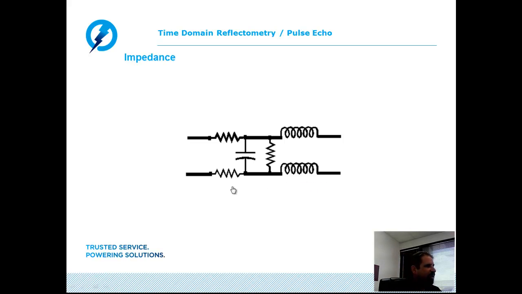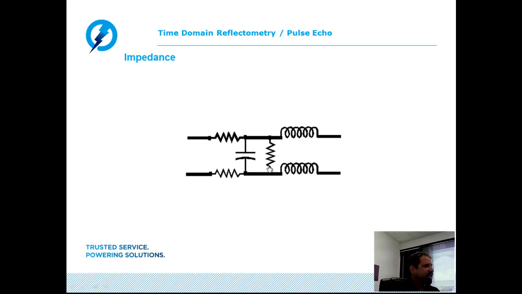When we go through a transition like into a splice or a switch box or something, inductance will be changing because the physical separation of the conductor and neutral will be increasing as we go into a splice or as we go into a switch cabinet, etc. Now, we take two pieces of metal, we place them in parallel with one another. We basically have built ourselves a capacitor. So another fundamental property of cable and cable impedance is capacitance.